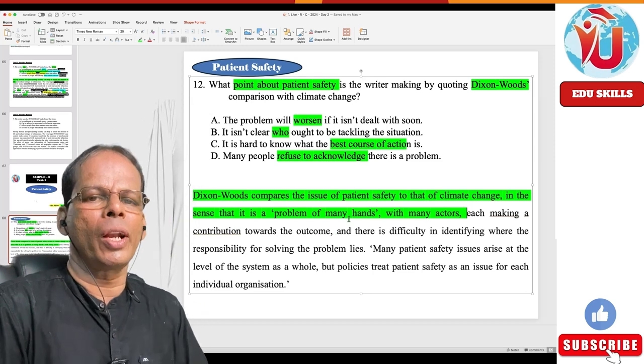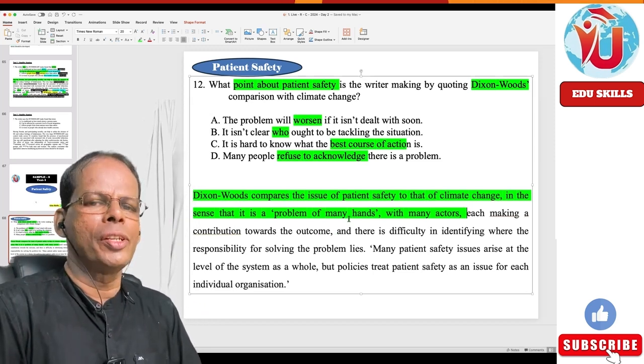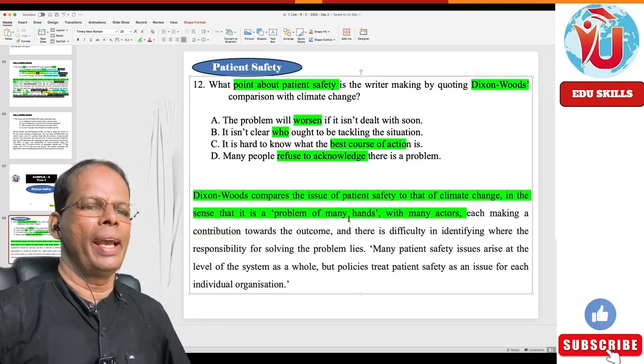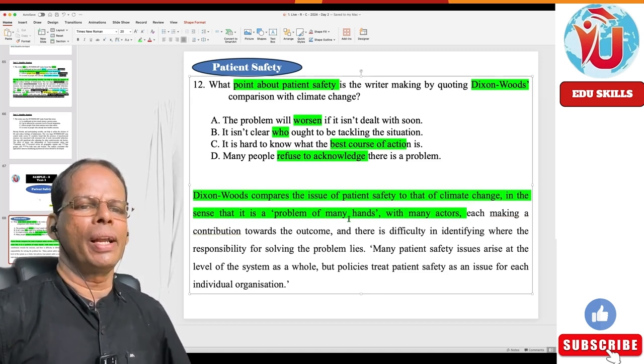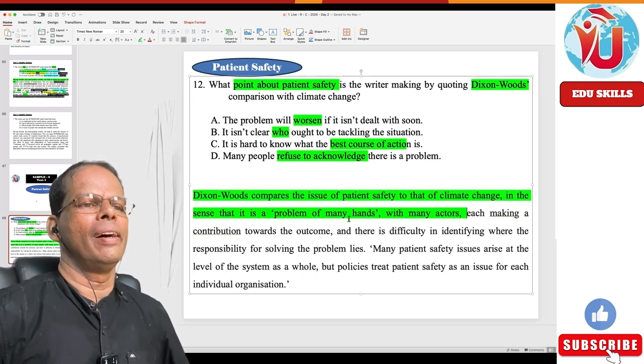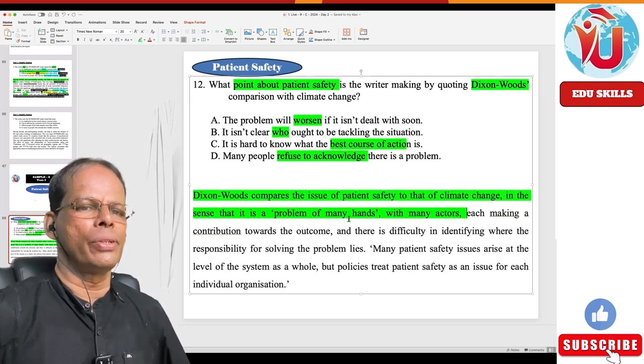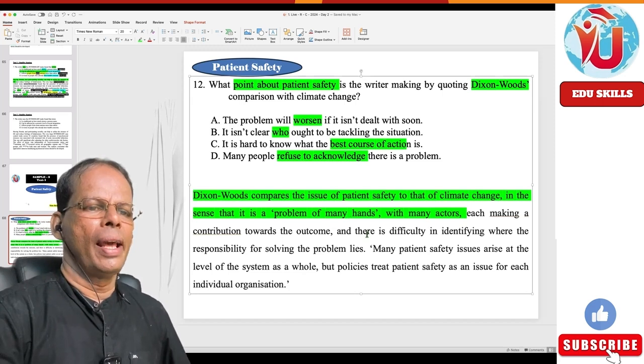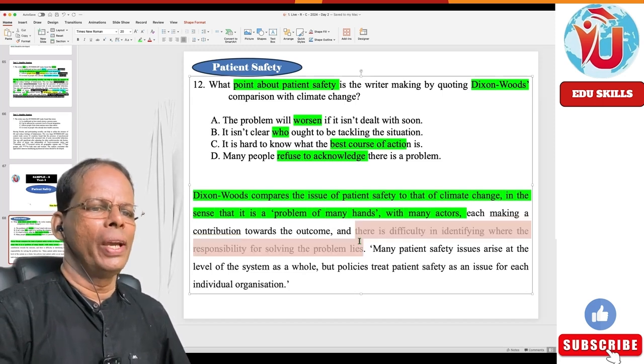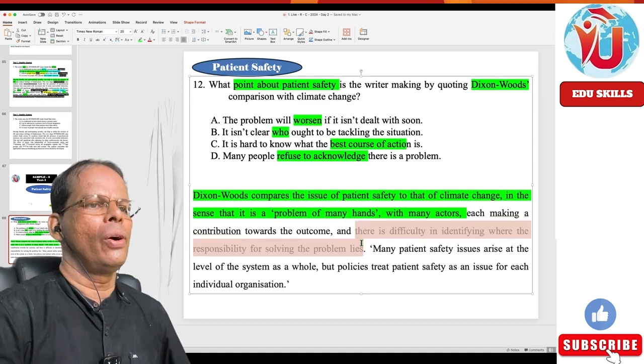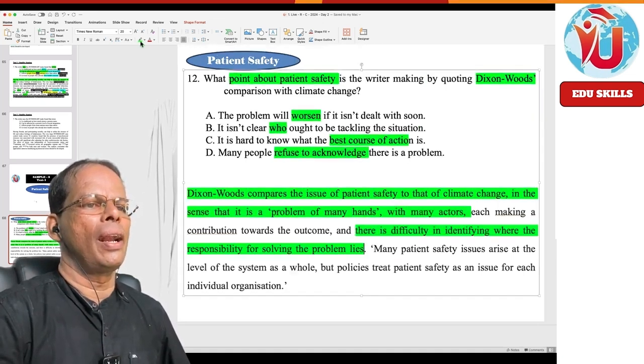Problem of many hands, with many actors, each making a contribution towards the outcome, and there is difficulty in identifying where the responsibility for solving the problem lies. It isn't clear who ought to be tackling the situation. It says there is a difficulty in identifying where the responsibility lies, or who is responsible. It is not clear.